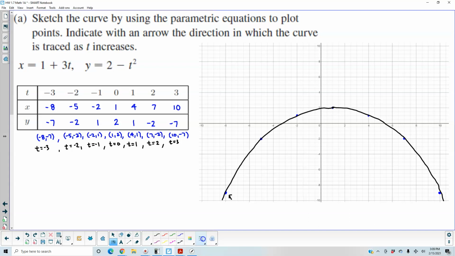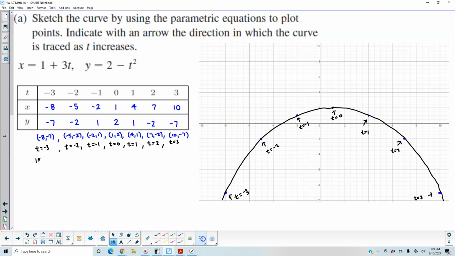So over here at this point, t is -3, t is equal to -2, t is equal to -1, t is equal to 0, t is equal to positive 1, t is equal to positive 2, and t is equal to positive 3.